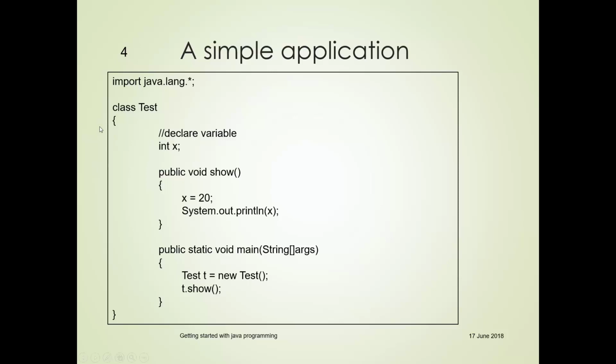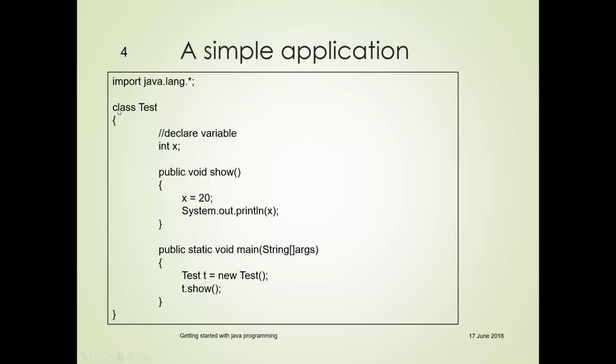Now this particular line where class test is written has a start curly bracket and an end curly bracket. From here to here, this complete block is a class. Under that class all the other code is written.